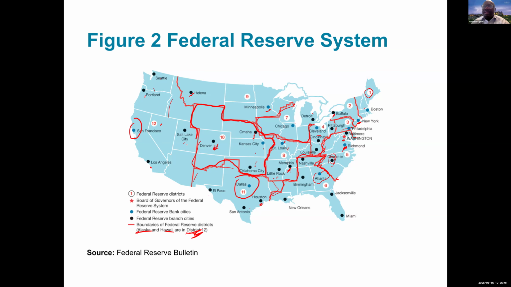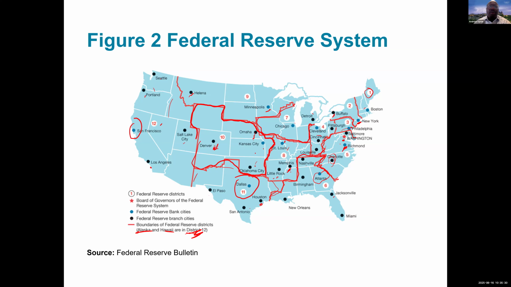If I wake up one morning and I live in Miami or Jacksonville and I don't like power being centralized in DC, but I see a branch of the Fed in Jacksonville or in Miami, it puts a smile on my face that perhaps my viewpoints are being represented in monetary policy deliberations in Washington, D.C. Even though a lot of decisions take place in Washington, D.C., branches are all over the country. So the Fed was created through that decentralized system.